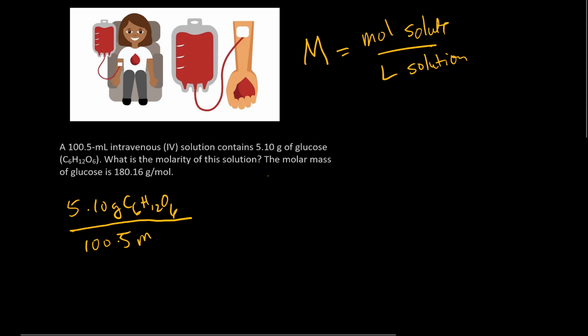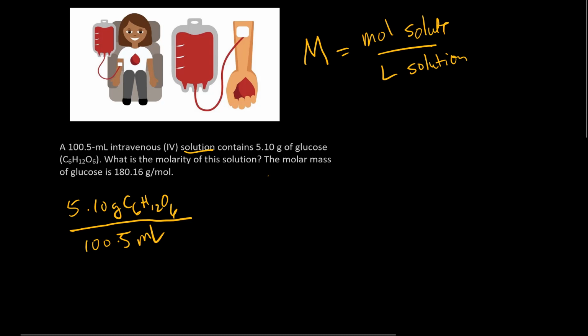100.5 milliliters of solution. Now look, this is the entire solution here, so we don't have to add anything else to it. If that would have said solvent, then we would have to include the solvent and the solute in our denominator when we're talking about molarity, because we're talking about the solution, not just the solvent. But in this case, they've already taken care of that.